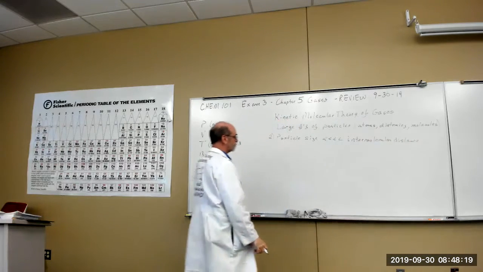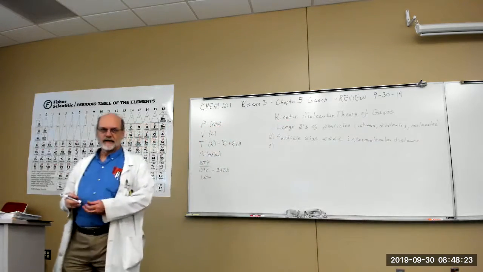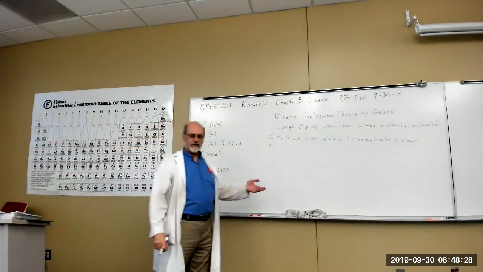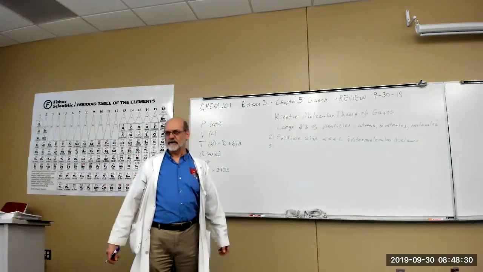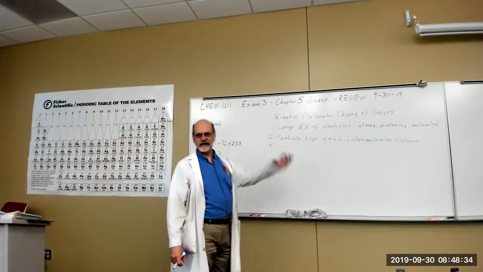Okay? So there's lots of empty space there. And I've been saying that from the beginning. That's why you mix two gases together, you always get a solution. Because there's plenty of room in there for everybody. They only meet one another occasionally.